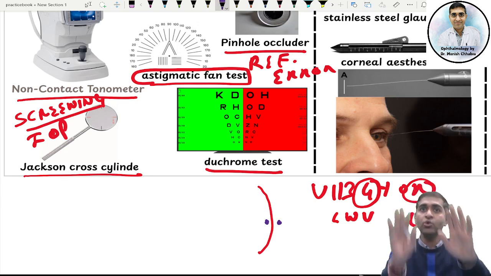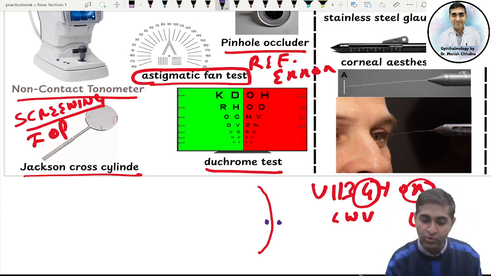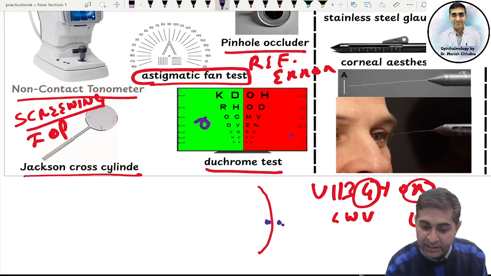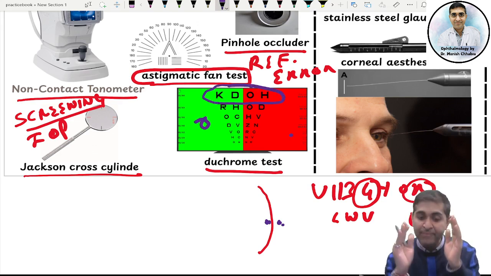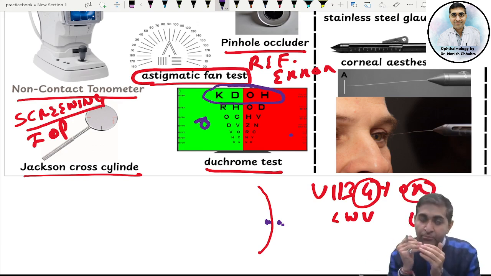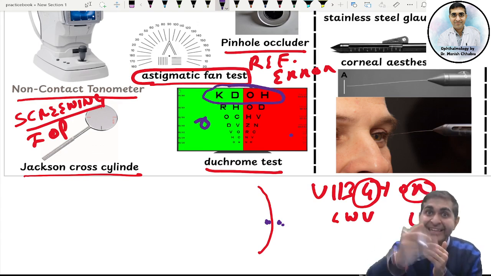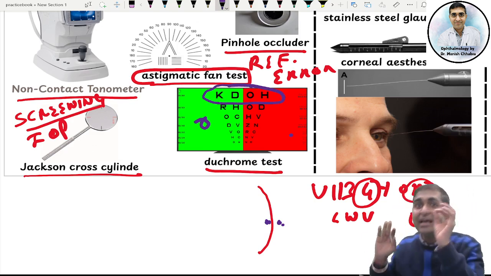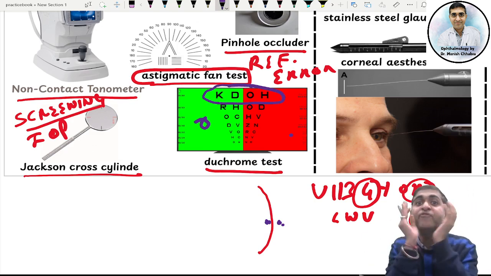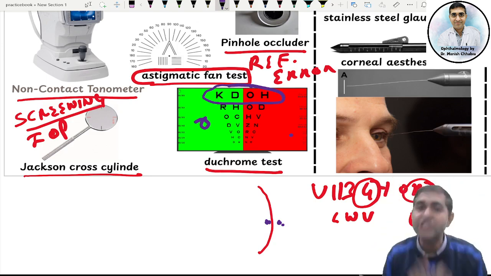Normally when you show the green light and red light together, green will be projected here, red will be projected here. So ideally when you ask the patient to read the alphabets, the patient will be able to read them equally, because the more in front green color is projected, the more behind the retina red color is projected, so that the focus of green and red color is equal.